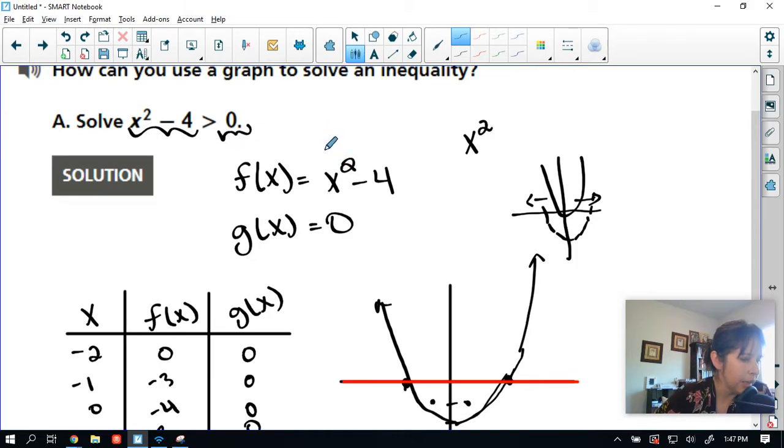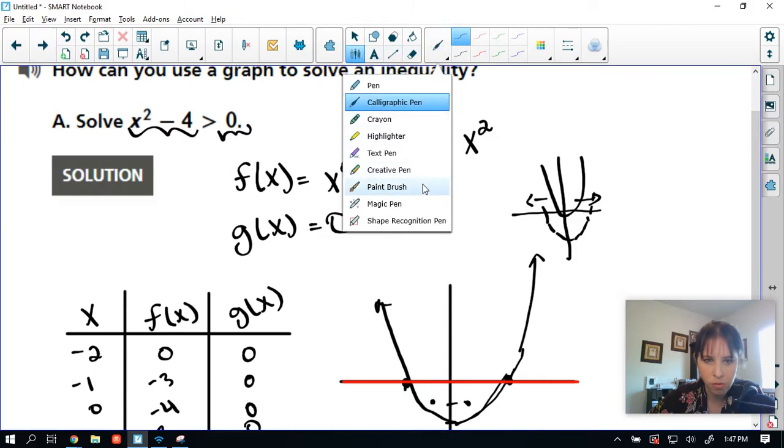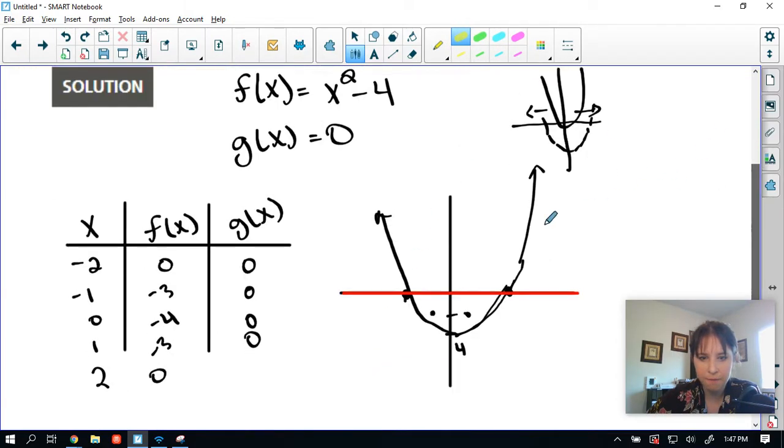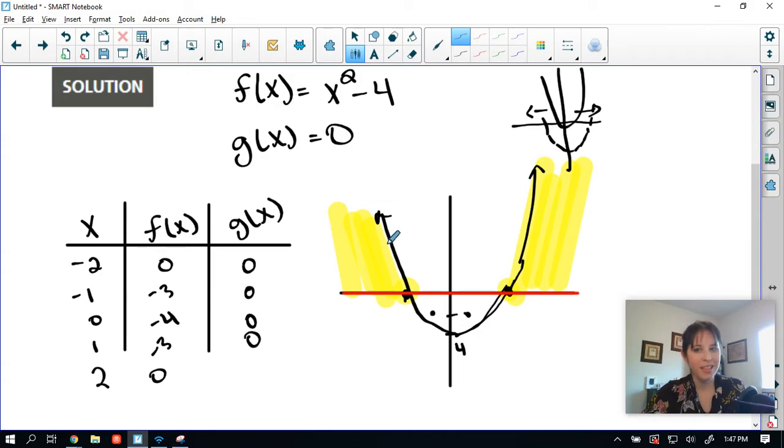And so looking at that, we are going to see that the values, let's go with the highlighter. We can see that the values from here to this point, and here on, we can see that is when the f of x is greater than the g of x.